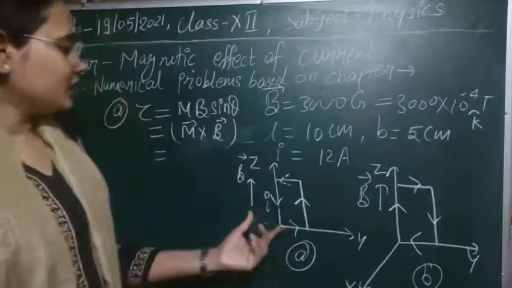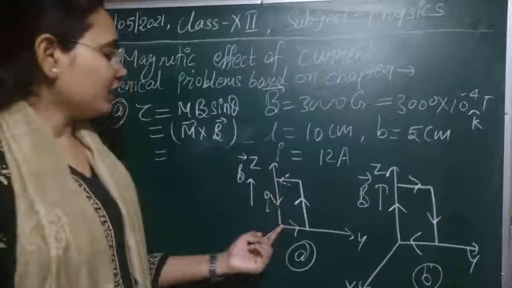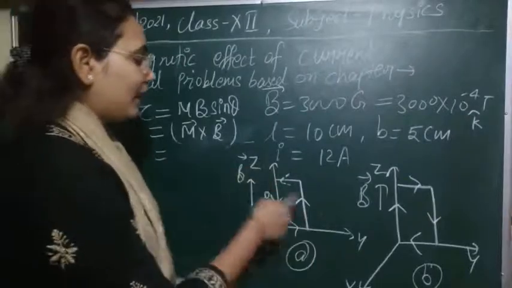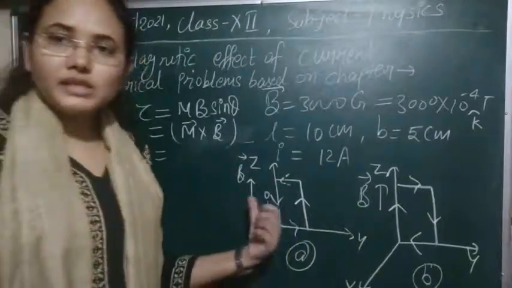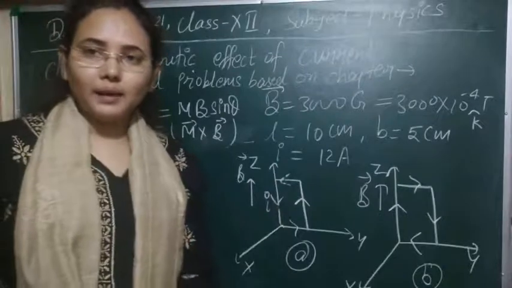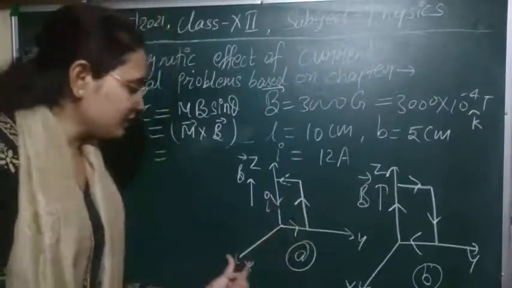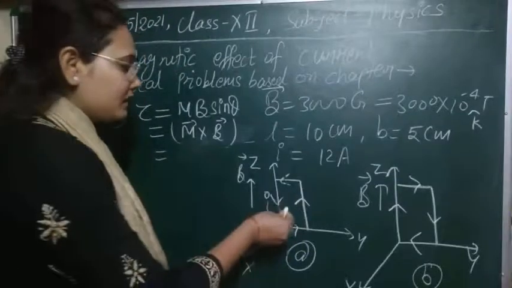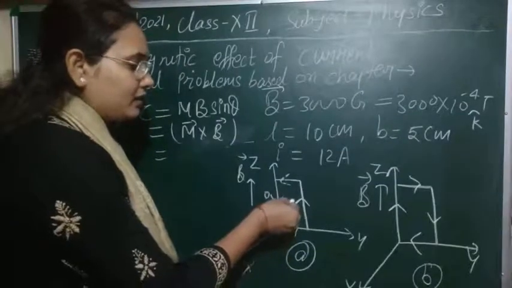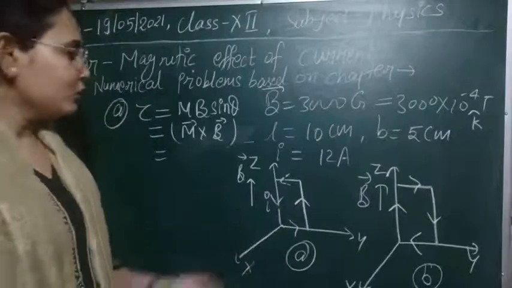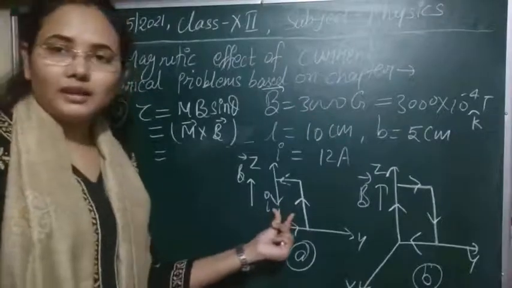So in the first question, this is the plane of the loop, in the yz plane. The normal to this yz plane is the x direction, meaning the normal direction at any point here is the x direction. So our magnetic moment will be along the x direction.